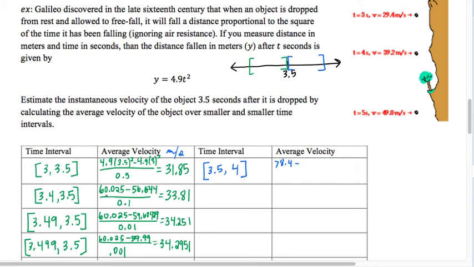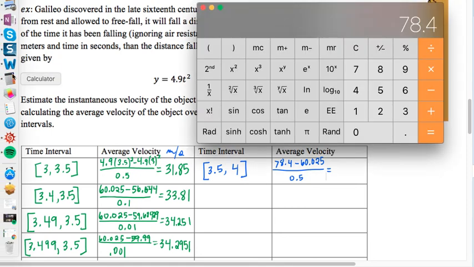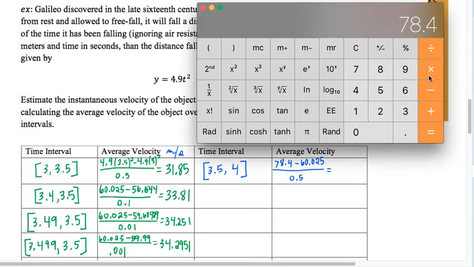Oh, we already did. When we plug in 3.5, we get 60.025. This time interval is a span of a half a second. So let's see what that comes to. So we've got 78.4 minus 60.025. We're going to divide that by 0.5 to get 36.75.